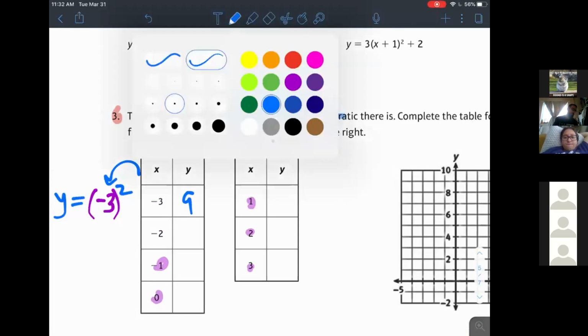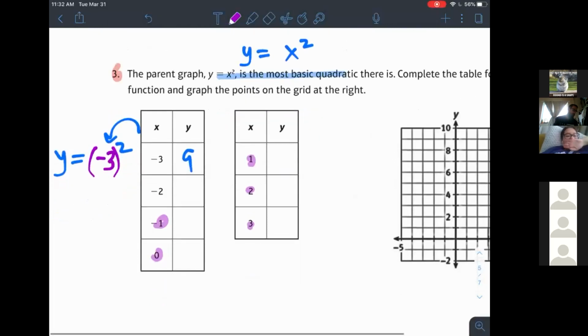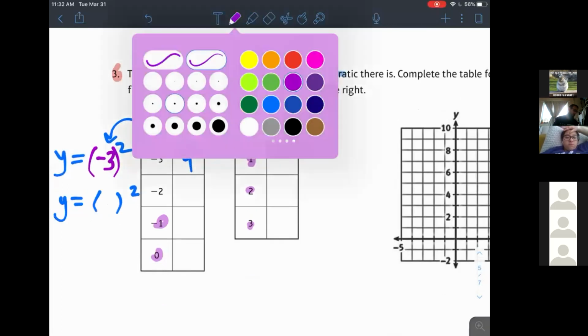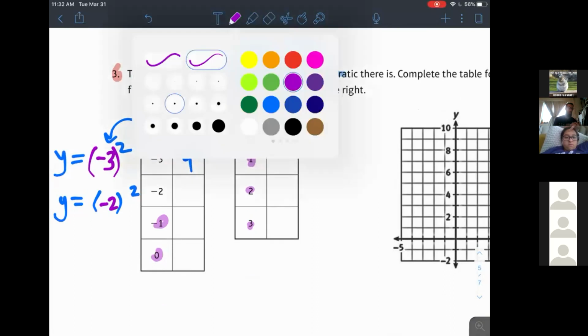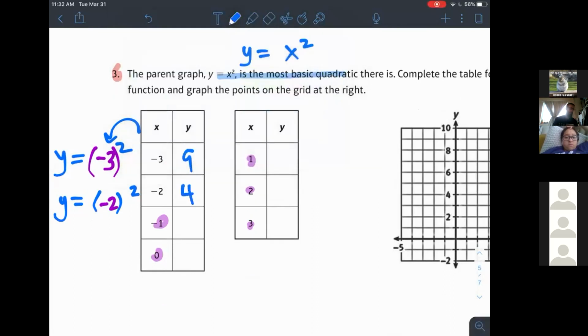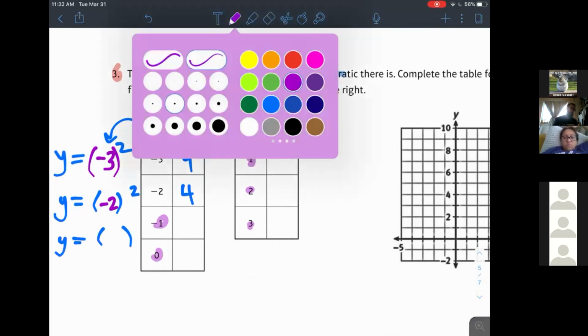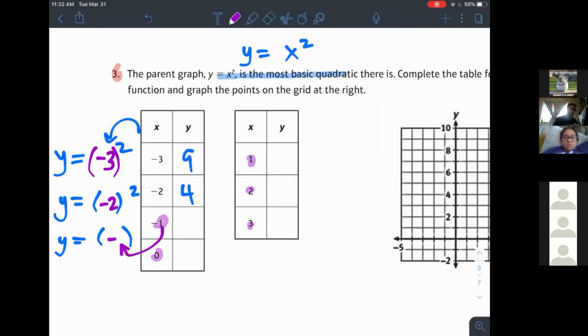We'll do this a little bit quicker here after I get through a few of them. Y equals x squared, but now x isn't unknown, it's defined as -2. So -2 squared is -2 times -2, or 4. All right, two more and then we'll fill them out rapid fire. Ready? Y equals x squared, but now x is, little substitution, -1.